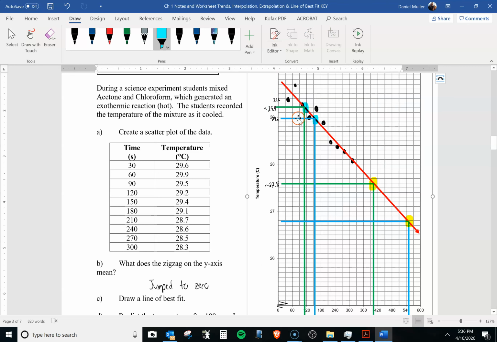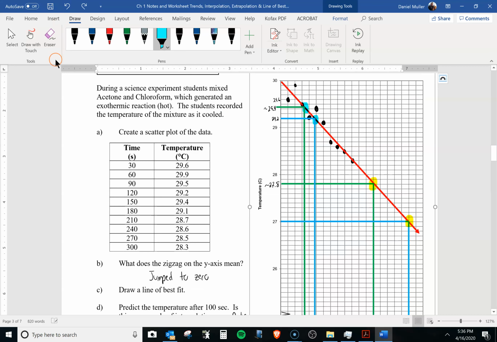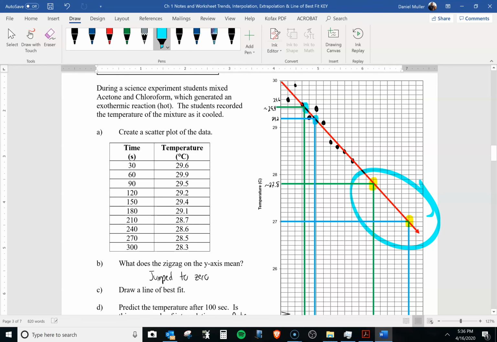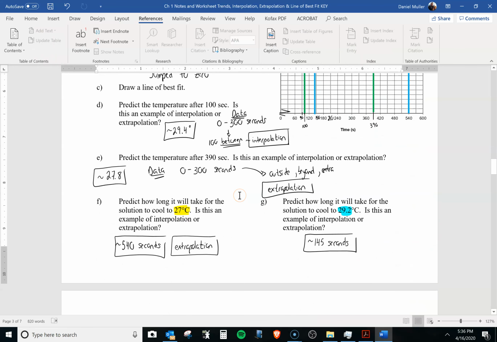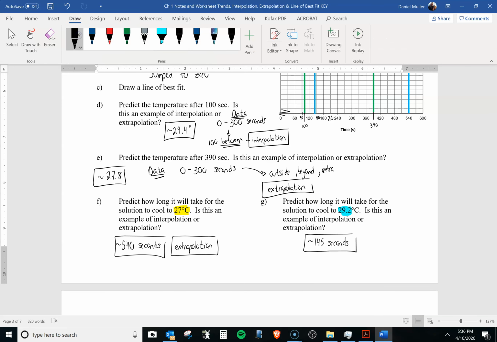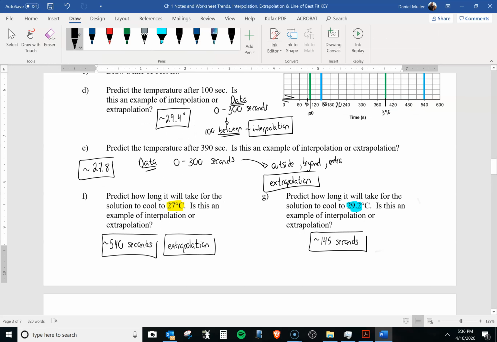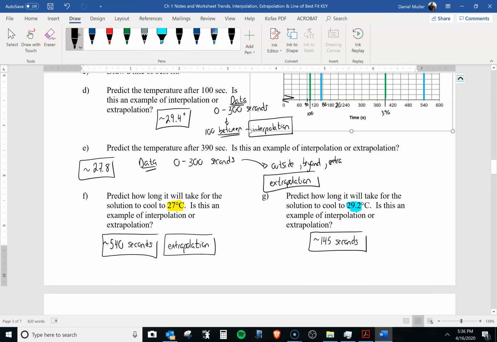So you can see the two that I have right here, they're inside, so they're interpolation, and these two are outside, so they're extrapolation. So yeah, I'll label this as interpolation. Interpolation. I can't zoom in any more. Nope, impossible. Okay, interpolation.